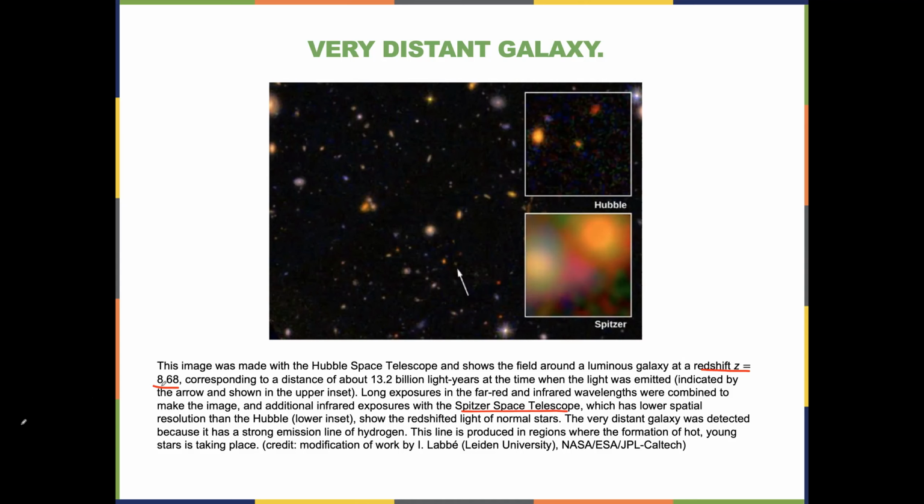If you convert this into distance, that will be 13.2 billion light years. That's so far away. So this particular galaxy right here in this Hubble telescope image is 13.2 billion light years away.